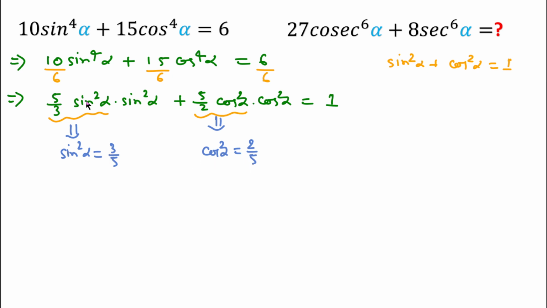Because if we now put 3/5 in place of sin²α and cos²α equal to 2/5, and if we add this, then we get 3 plus 2, that is 5/5, which is equal to 1. So we can consider this to be true, because this is happening here, 1.